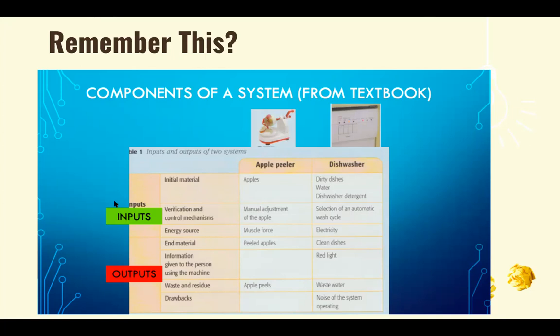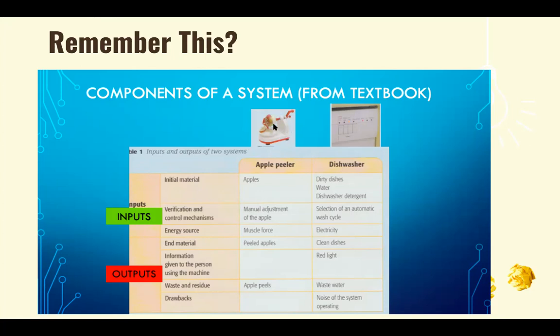I told you that we would revisit this idea later on, and this is where we are revisiting it. So we had this apple peeler, and its purpose is to peel apples. But this is a manual apple peeler.